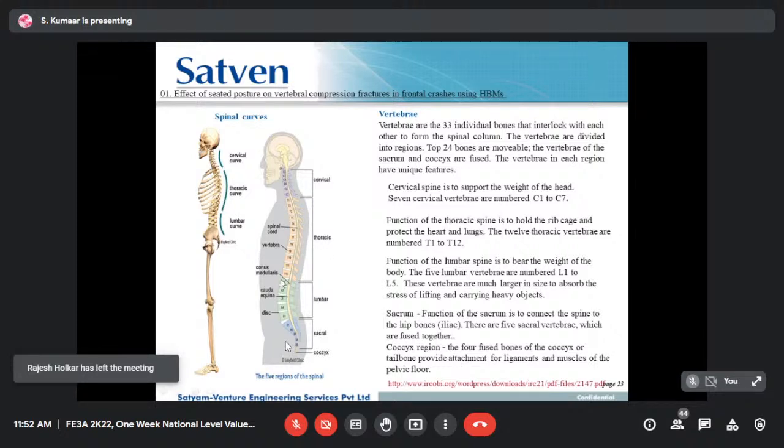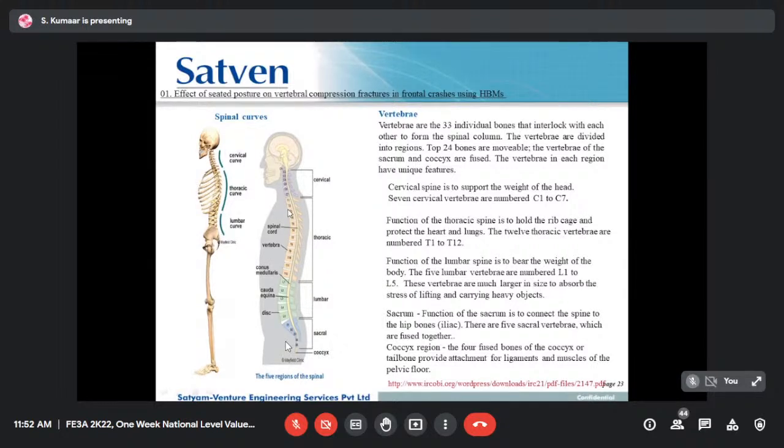And another one is the lumbar. The main function of the lumbar is that it has to bear the weight of the entire body. The cervical is only responsible for the head, and the thorax is only responsible for the rib cage and heart and lungs. But the lumbar is responsible for the entire weight of the human body.